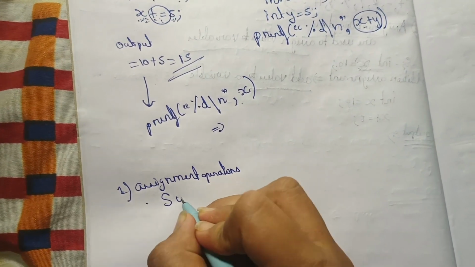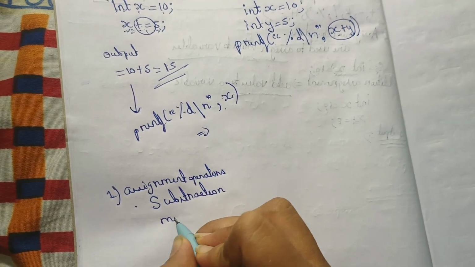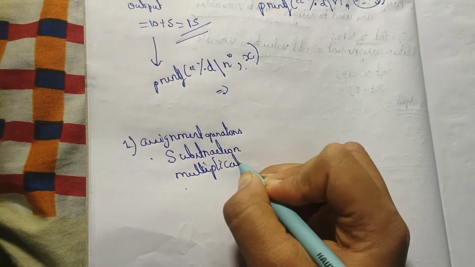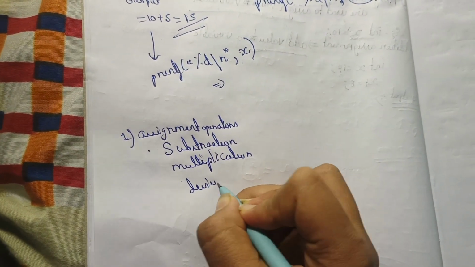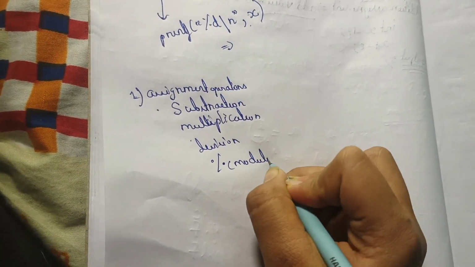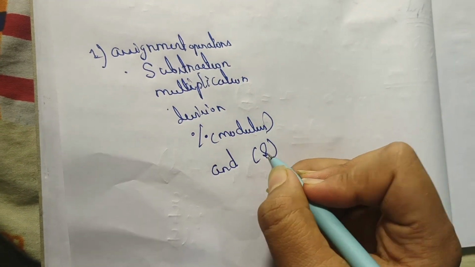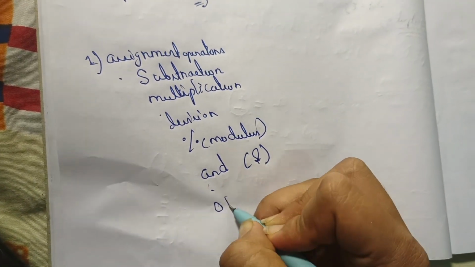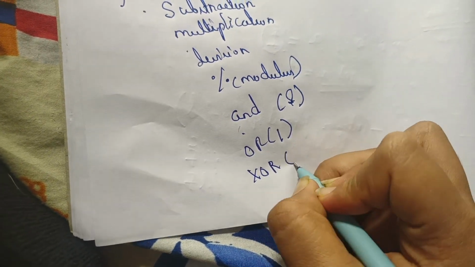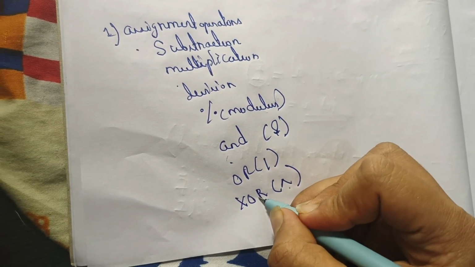The next one is subtraction assignment, multiplication assignment and division assignment, modulus assignment, then AND, which is this symbol, OR, and the next one is XOR. These are the symbols of these assignment operators.